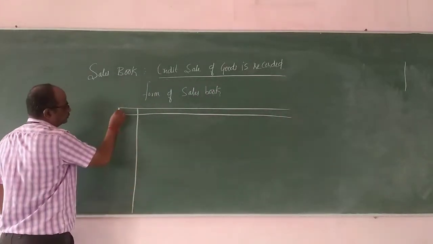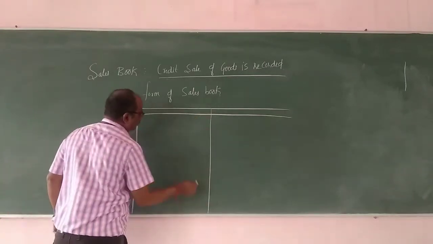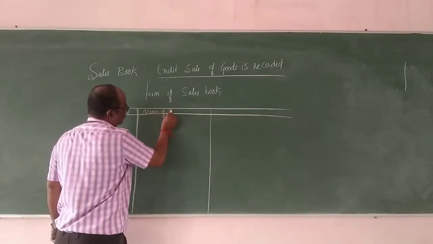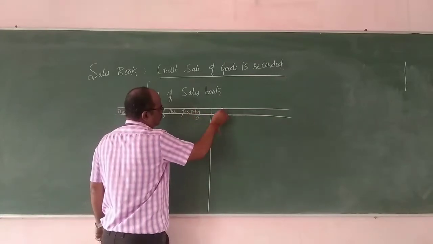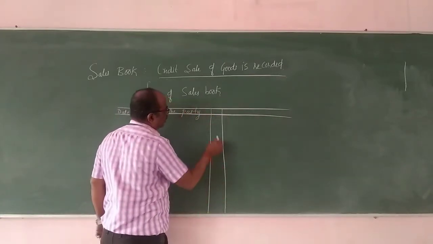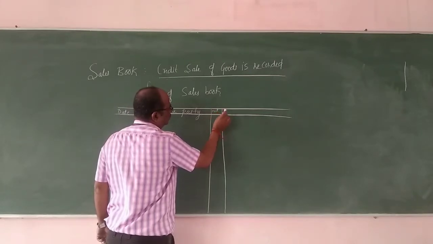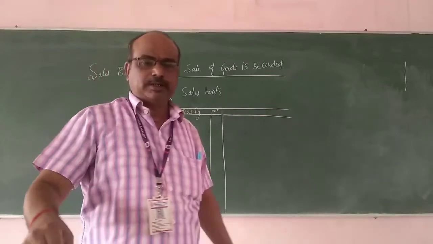Date, name of the party, outward invoice number. There it was inward invoice number; here it will be outward invoice number.